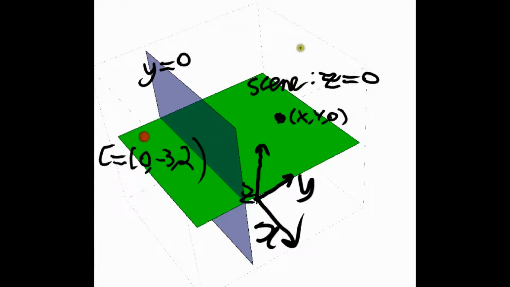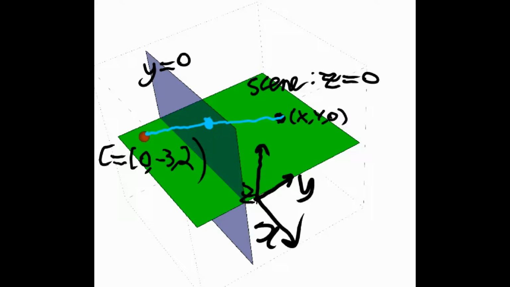So obviously it's on the scene, it has z coordinate equal to 0. And now what we want to do is project this point towards the viewing point C. And we want to find where this ray pierces the picture plane, because that's going to be the image of this point.